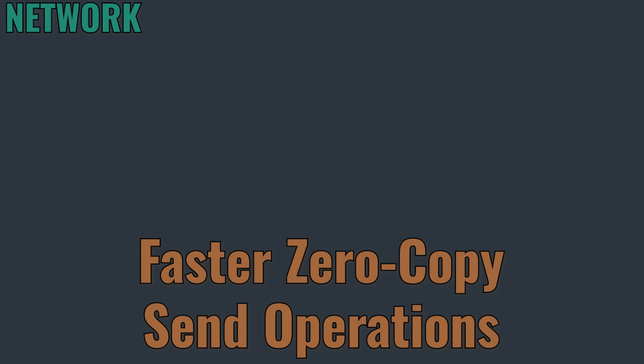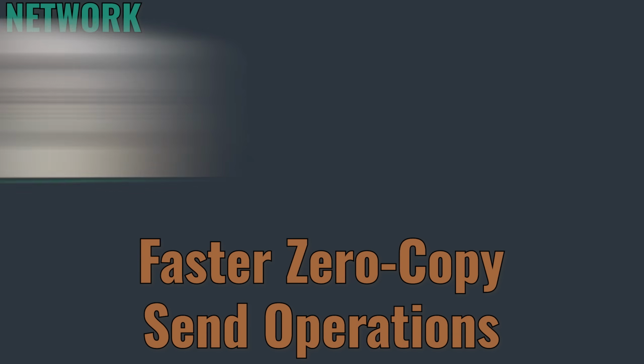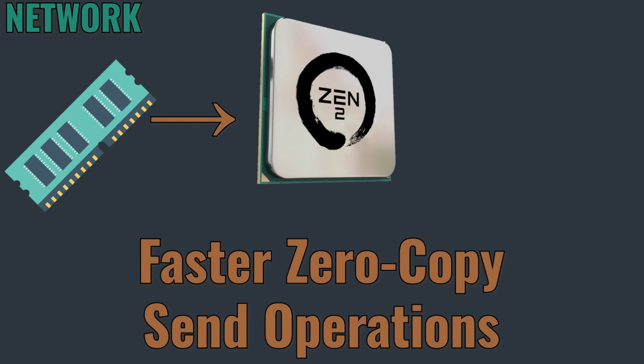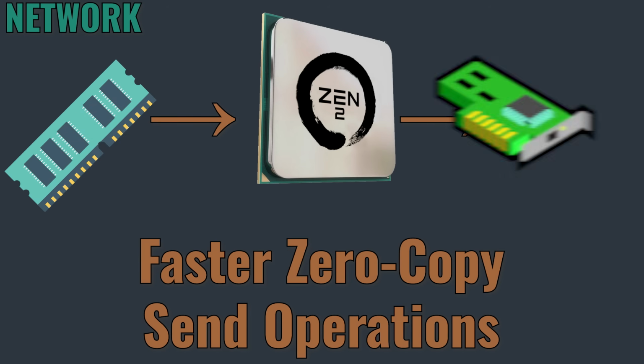And let's start by talking about zero copy send operation, which there's a lot to talk about there. So first of all, what are zero copy operations? Zero copy operations are operations that are there to bypass the CPU. So when you normally want to transfer data, you transfer data by throwing it at the CPU, and the CPU takes it and throws it at the right place.